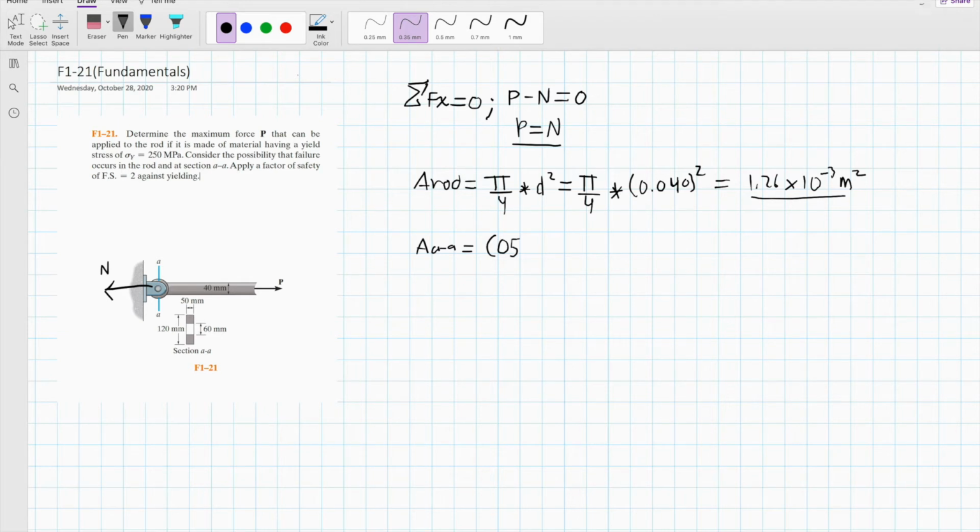It's going to be 0.050 meters times (0.120 minus 0.060) meters. We multiply this and get 3 times 10 to the negative 3 meters squared.